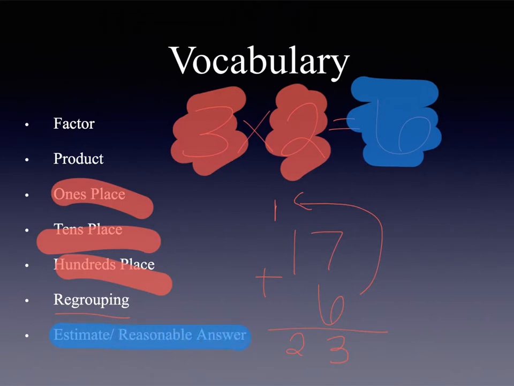So when we are first working with the standard algorithm, what we're going to do is estimate our answers after we're done using the standard algorithm. And the reason for that is so that we can see if our answer is reasonable.